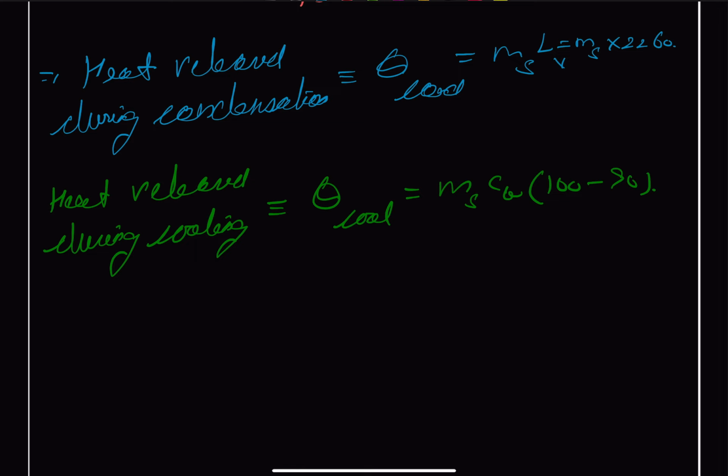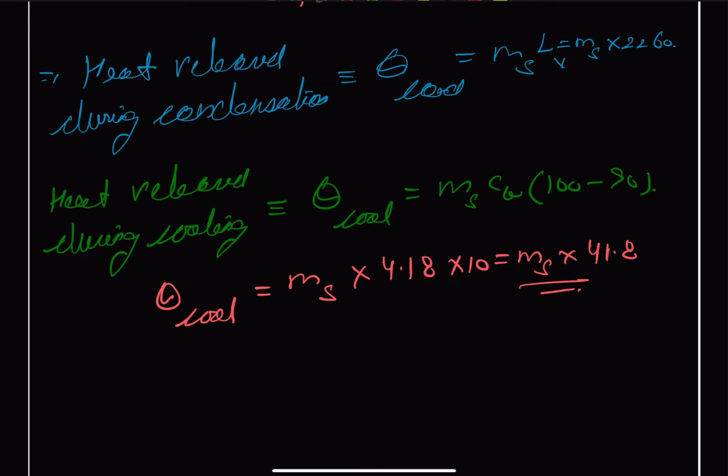We get Q cool equal to mass of steam, which we are supposed to find out, and this for water is 4.18 multiplied by the difference. So this comes as mass of steam multiplied by 41.8.